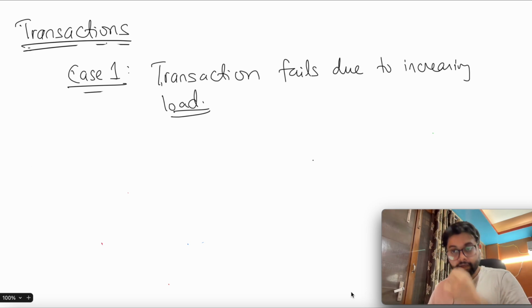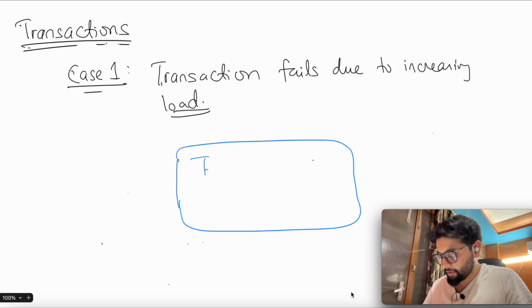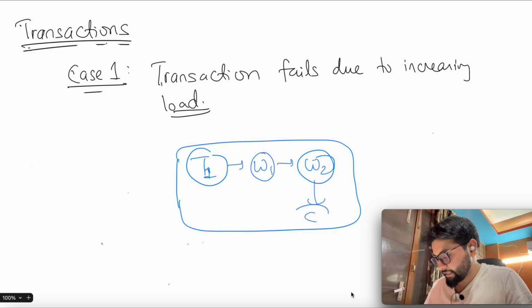Now this is also a very classic example. What can happen is that a transaction might fail due to increasing load. So it is very simple. Suppose we have a system which can perform a transaction where this transaction starts, performs a series of writes and gets committed, right? Let's see, it gets committed here.